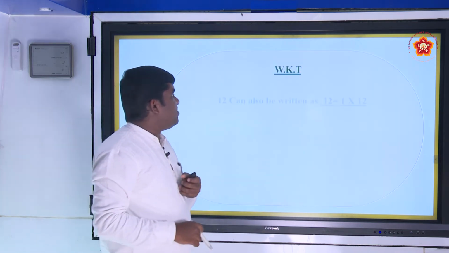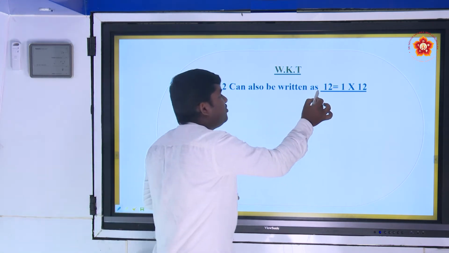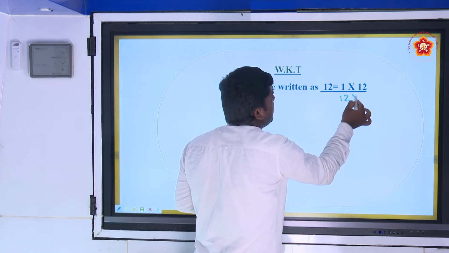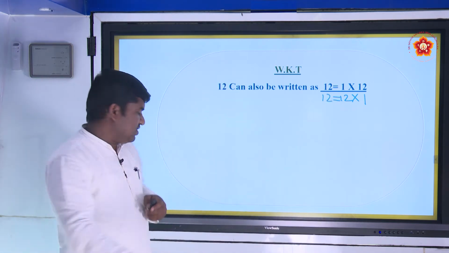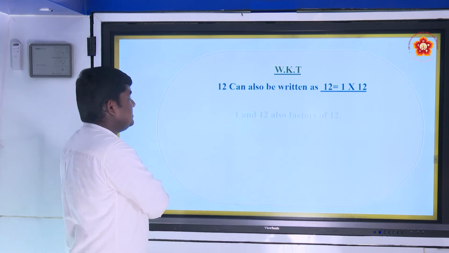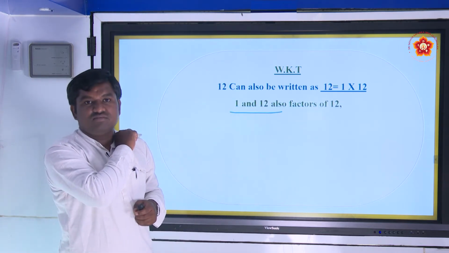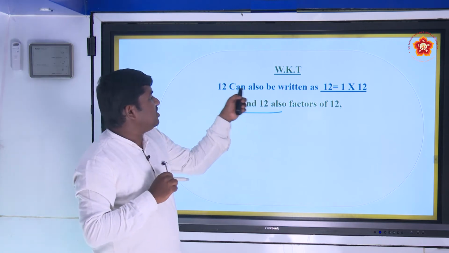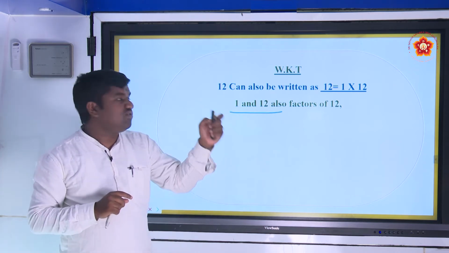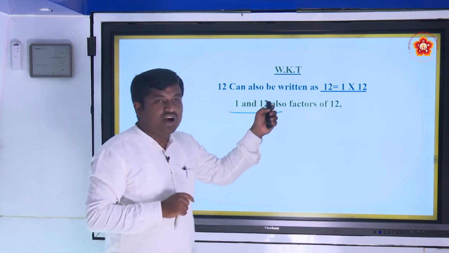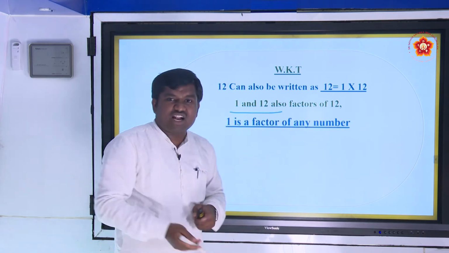Next, we know that 12 can also be written as 12 is equal to 1 into 12 or 12 into 1. But 1 and 12 are also factors of 12. So 1 and 12 are also factors of 12. 1 is a factor of any number.